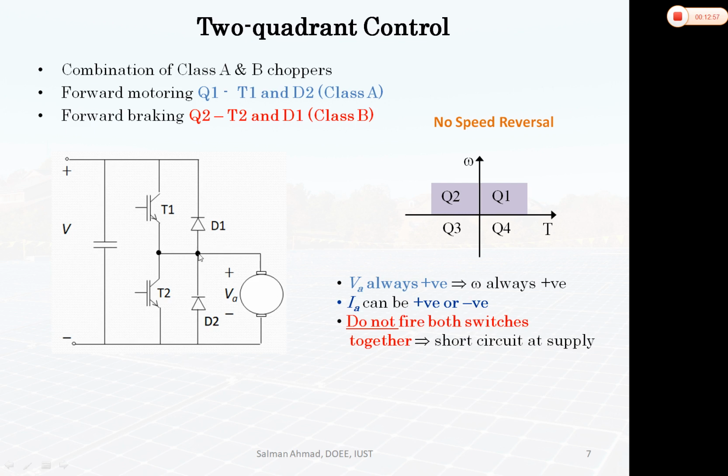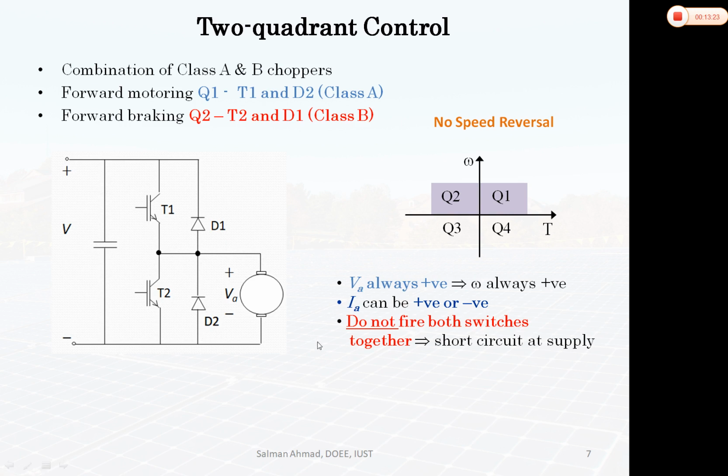Now in class B chopper, the control switch is in parallel with the motor, and the diode was in series with the supply. So T2 and D1, you can see here, they form the class B chopper. T1 and D2 form the class A chopper.